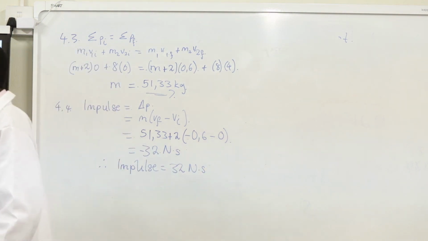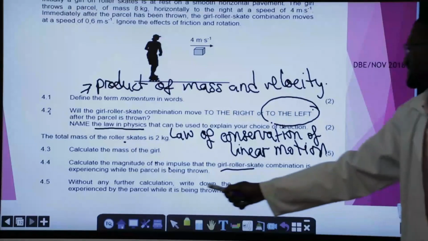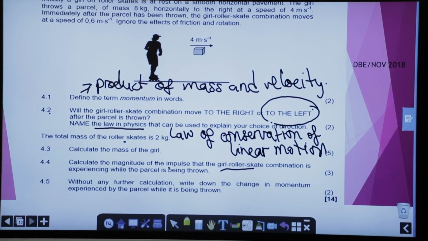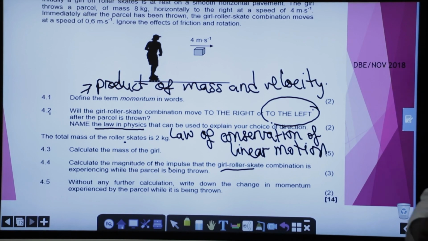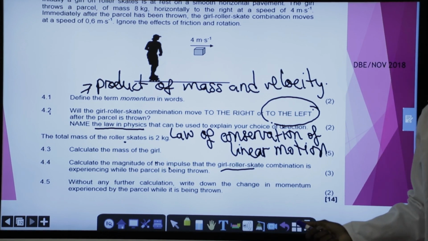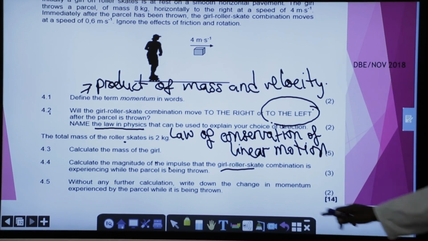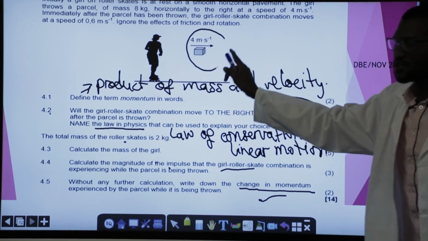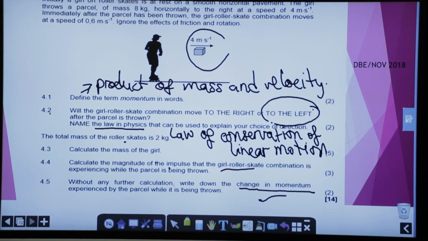Without any further calculation, write down the change in momentum the parcel will experience if the girl experiences an impulse of 32. What do you think the change in momentum of the object will be without calculation?